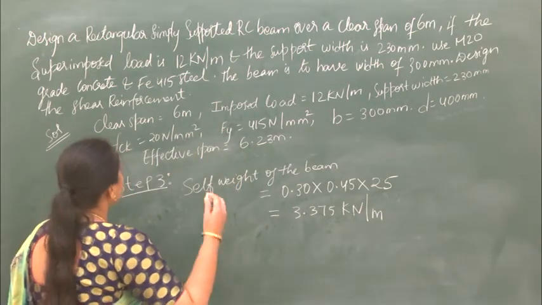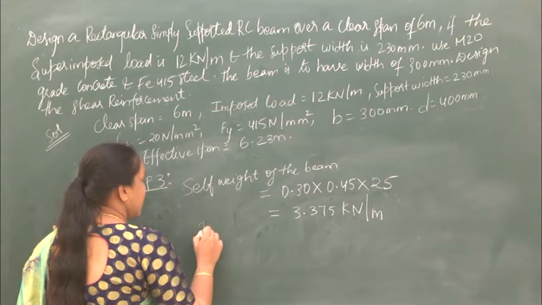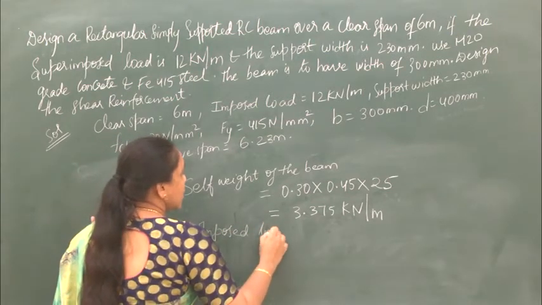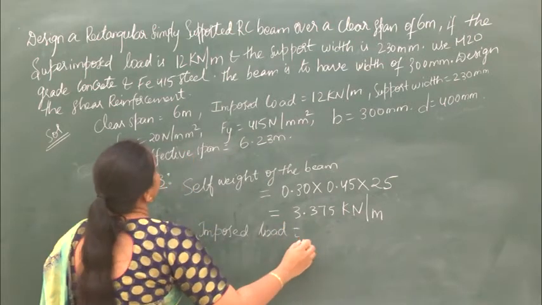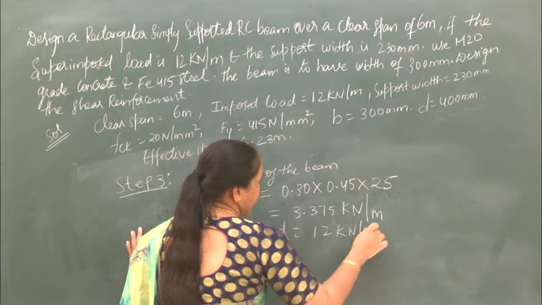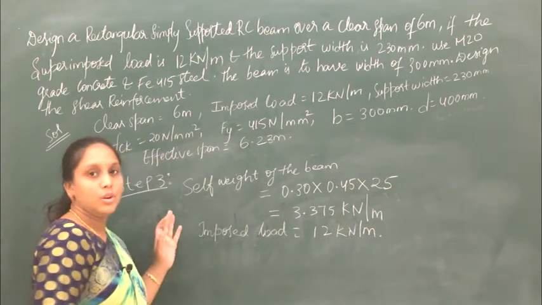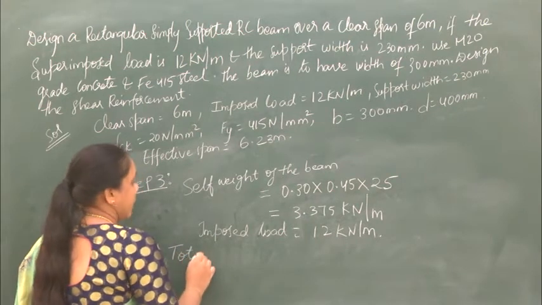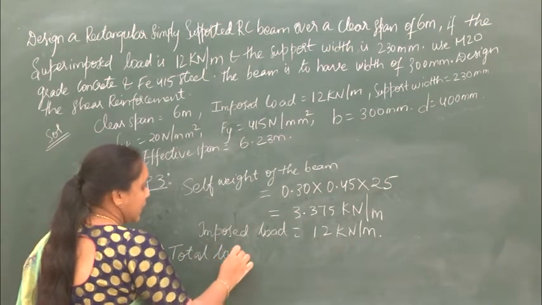And what is the superimposed load? The imposed load is given as 12 kilonewton per meter. So these are the two loads. From this, we can find out the total load.